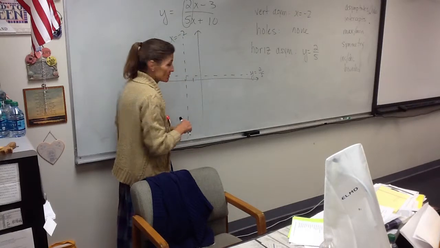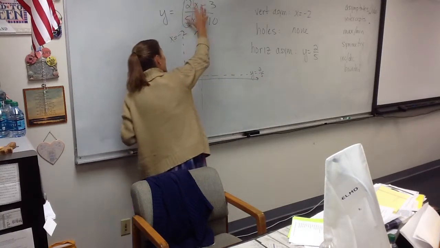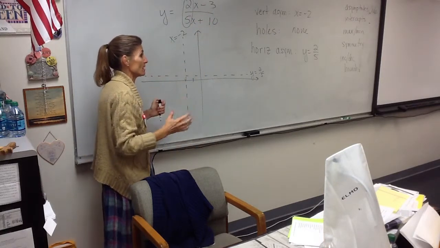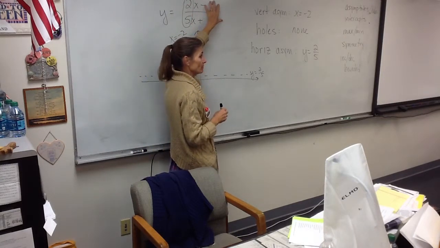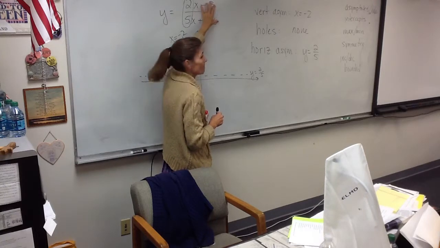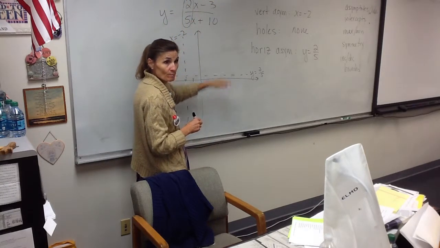You get 2/5. So your horizontal asymptote describes what happens to the fraction when x gets really, really big. When x gets really, really big, these don't even matter. If you're talking millions and billions, 3 and 10 don't even matter. So you have 2x over 5x, which reduces to 2/5.